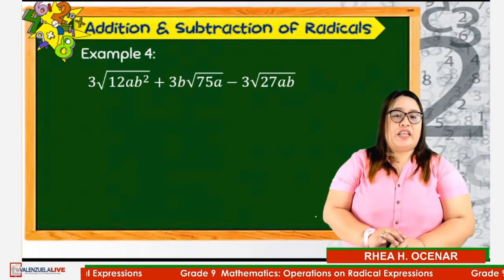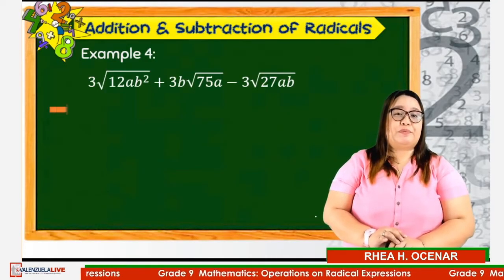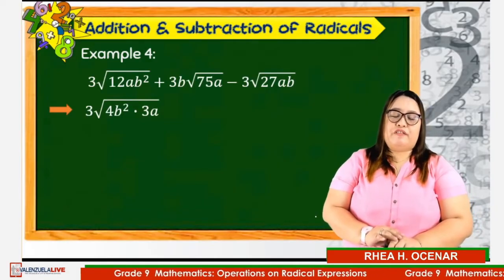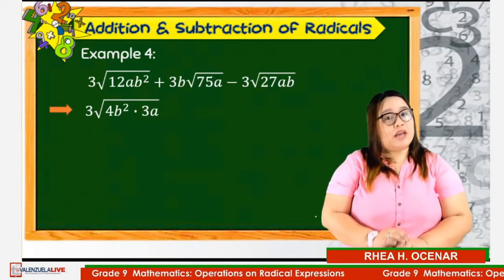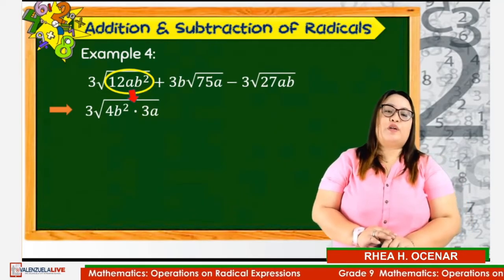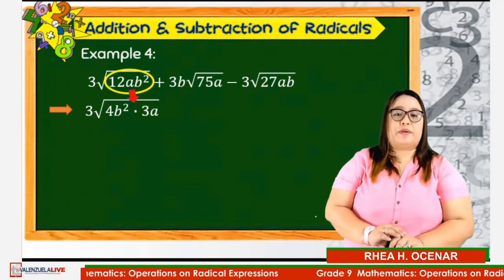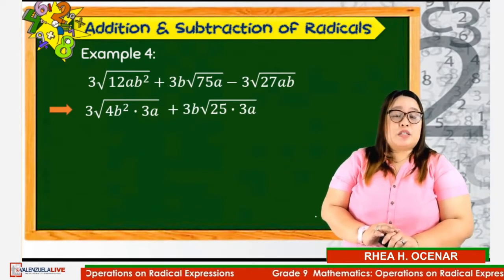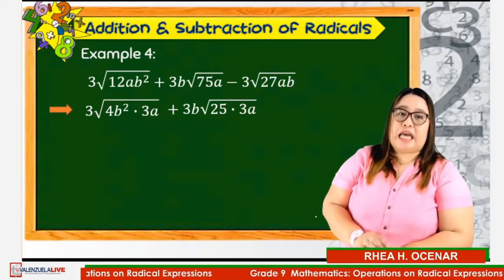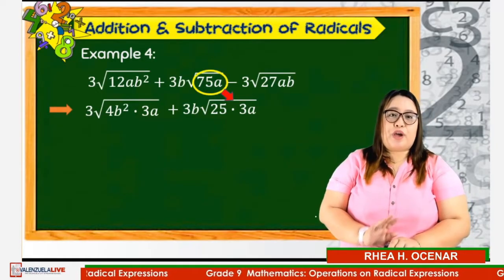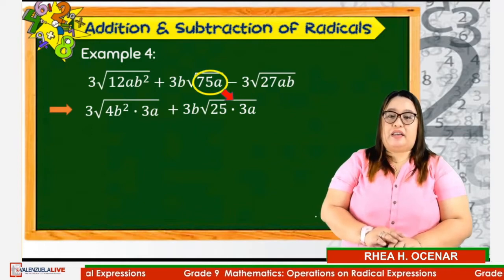Factor out the radicands and we have 3 square root of 4 b squared times 3a, for 3 square root of 12ab squared. 3b square root of 25 times 3a, for 3b square root of 75a.